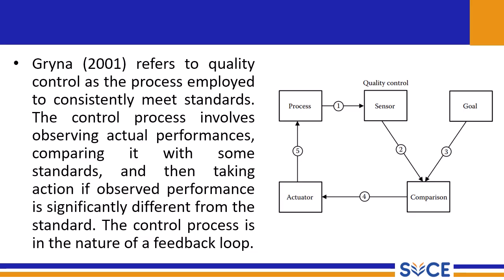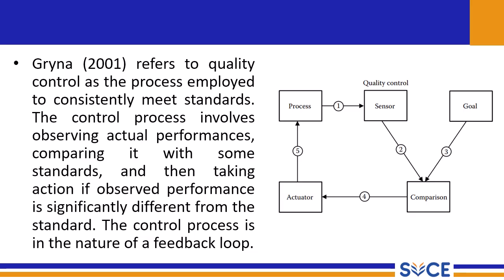So it is just a process which is employed to consistently meet standards. The control process involves observing actual performance, comparing it with some standards, and then taking action if observed performance is significantly different from the standard.